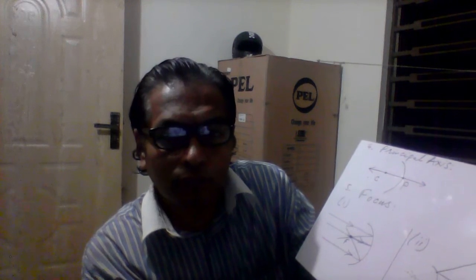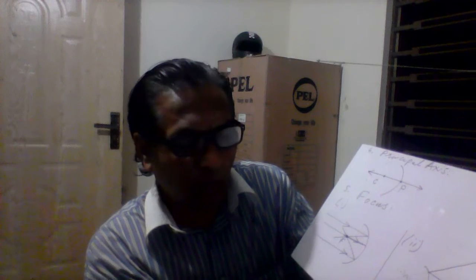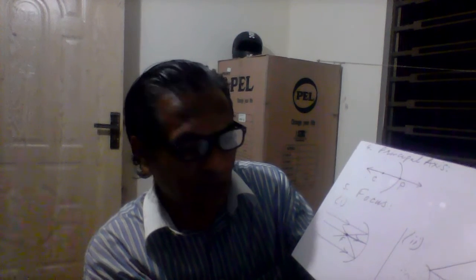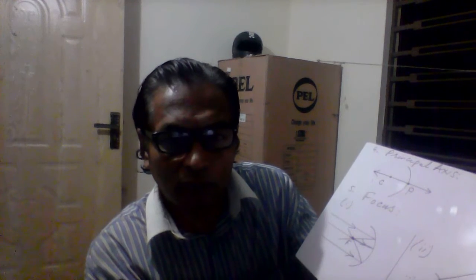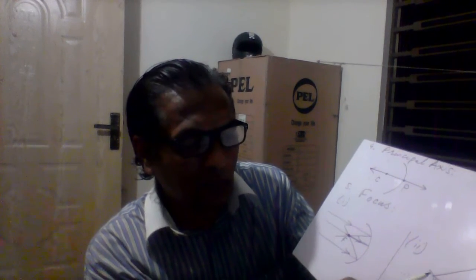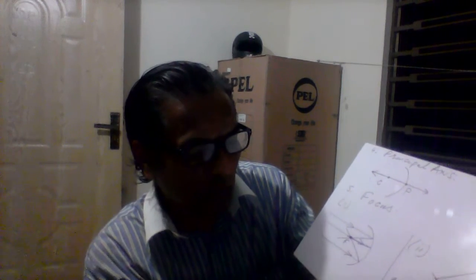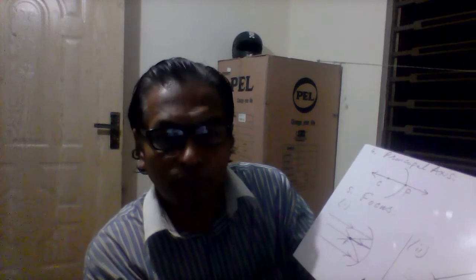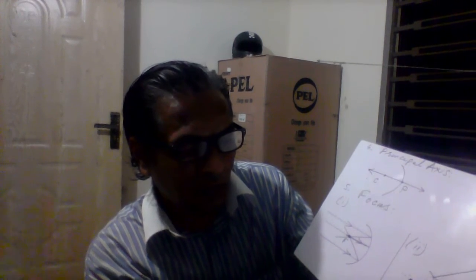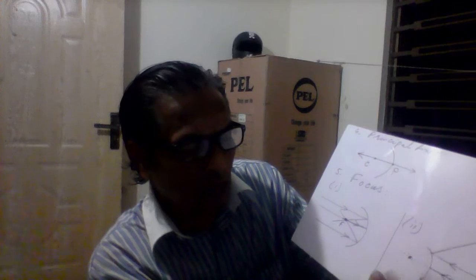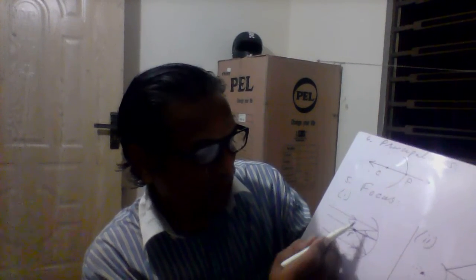So when the parallel light rays, which are parallel to principal axis, fall on this convex mirror, these seem to be diverging out from a point behind it. The rays are coming from this side, so this point is behind, whereas in the earlier case it was in front.